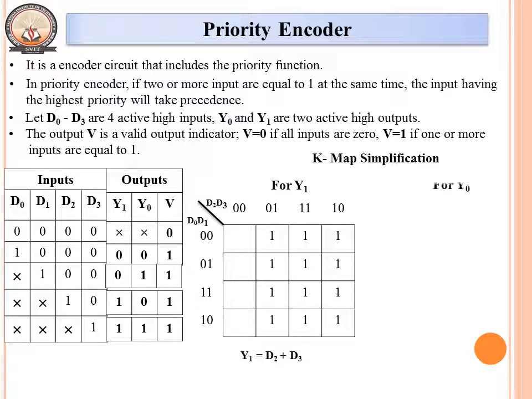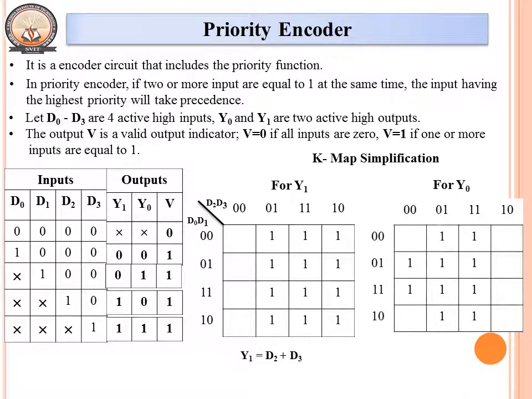In the same manner, we'll write for Y0. Again it is 4 variables, so there will be a 16-cell K-map. The entry is again done with respect to this only. In this case, Y0 is high when D2 and D3 are 0 0. Also it is 1 when it is don't care and 1.